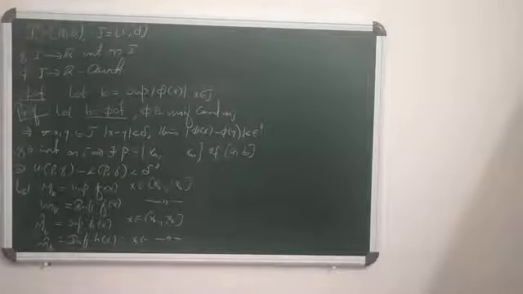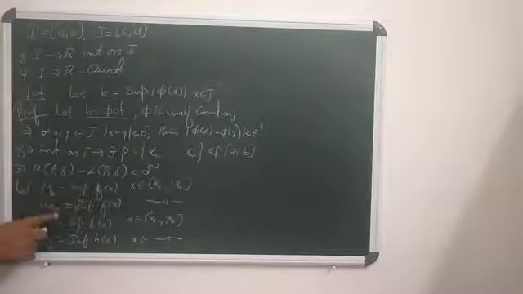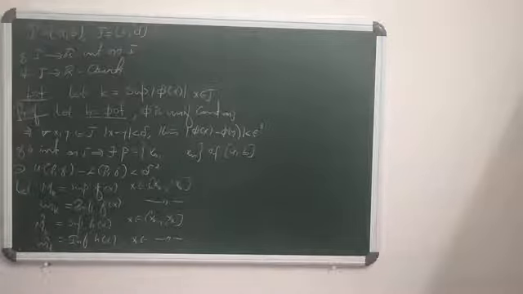So we define capital M_k, small m_k, capital M_k hat and small m_k hat in such a way that M_k is the supremum of f(x), small m_k is the infimum of f(x), capital M_k hat is the supremum of h(x), and small m_k hat is the infimum of h(x) for all x in the closed interval [x_{k-1}, x_k]. Agreed.